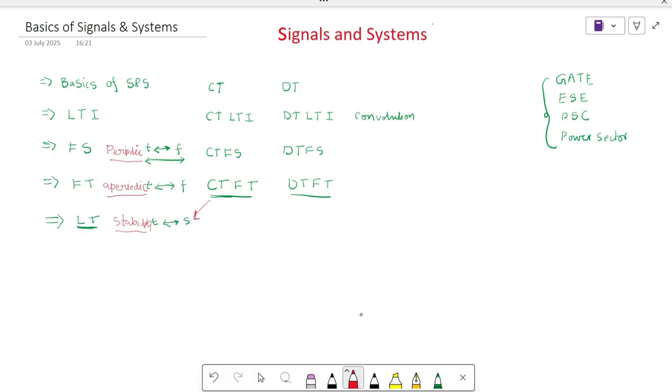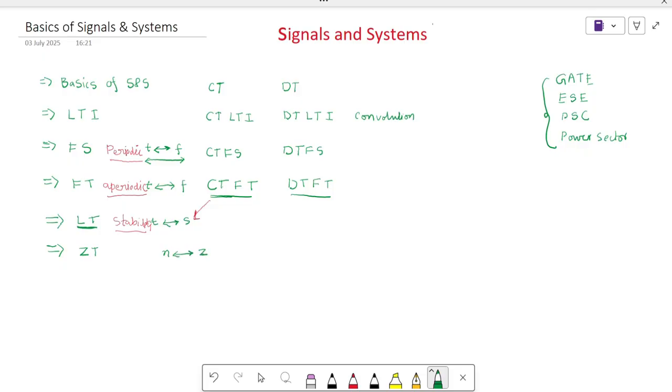The Laplace transform, by default, is related to continuous time. Similarly, the DTFT modification is called the Z transform. In the Z transform, we are converting time n to the Z domain.